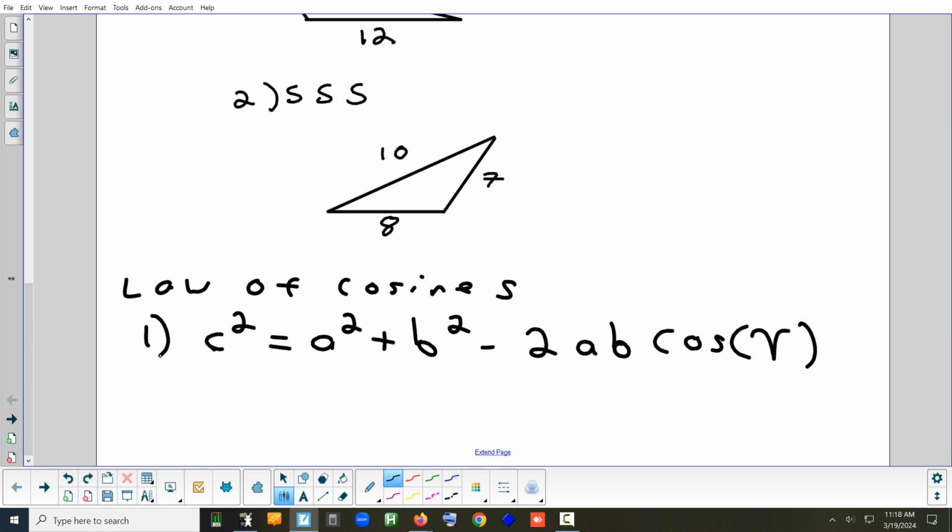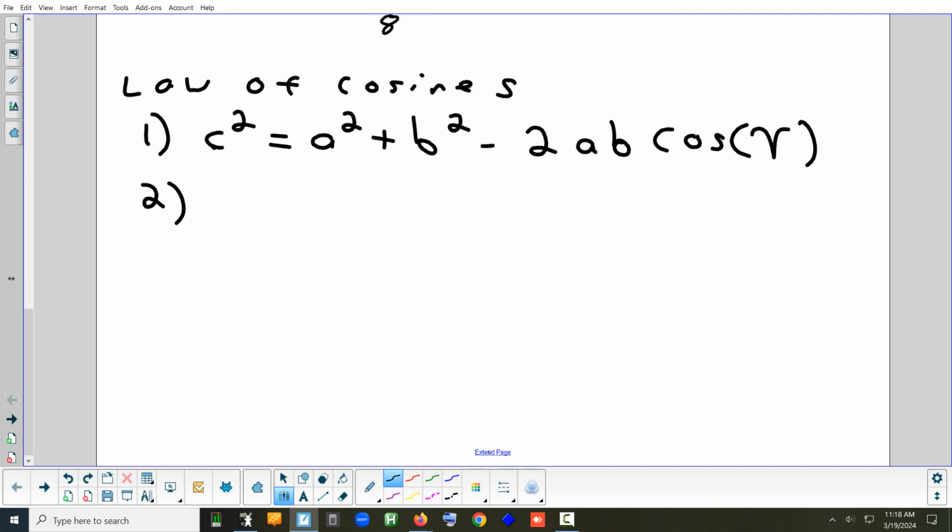So that's the first way you can write it. What's more important is the pattern of the letters, not necessarily the letters themselves. If we started with b squared, or with a squared, it follows the same pattern: one side squared equals the sum of the squares of the other two, minus twice the product of those two, and then the cosine of the angle across from the side you started with. So if I start with b squared, what comes after the equal sign?